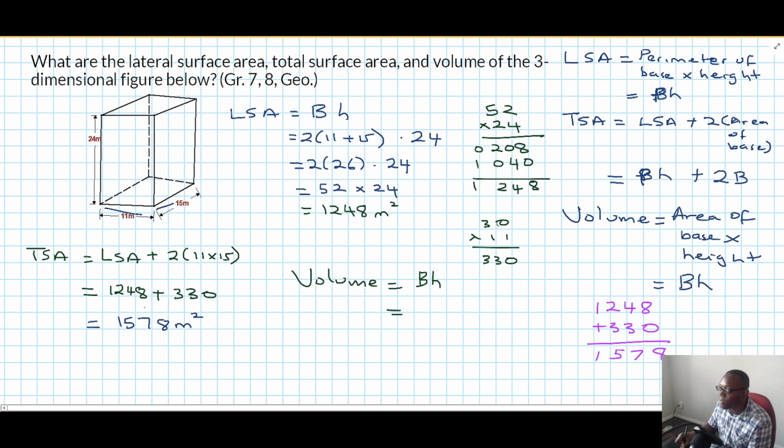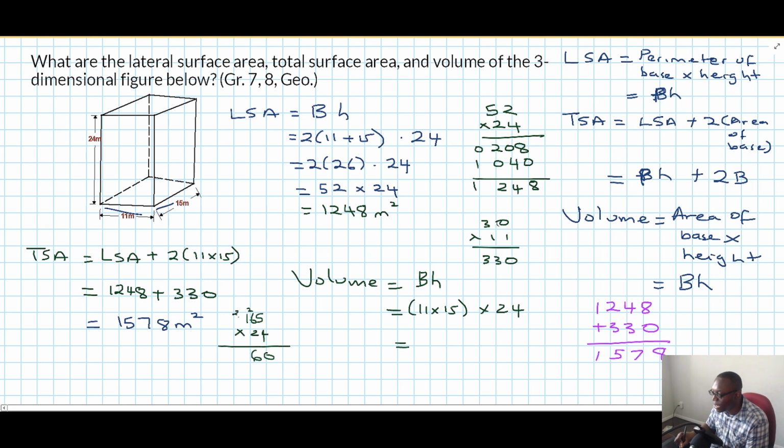What is the area of our base? We already have that as 11 multiplied by 15, and then our height is 24. So 11 multiplied by 15 will give you 165, and you multiply 165 by 24. So 5 multiplied by 4, 20. 6 multiplied by 4, 24 plus 2. So I put the 2 here. We have 26.